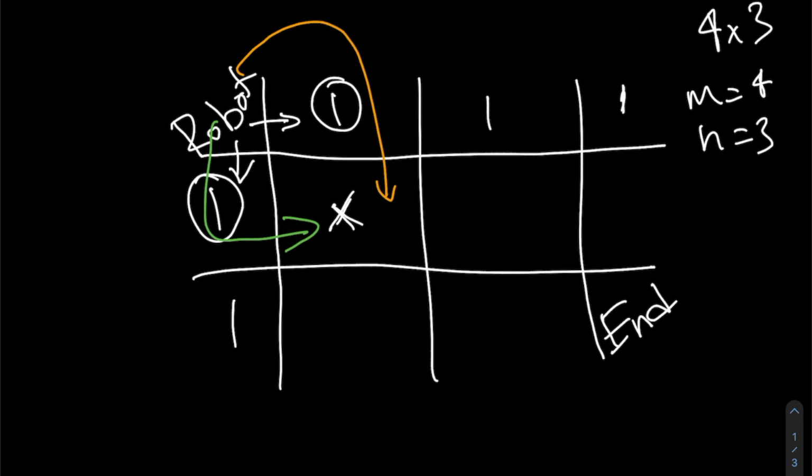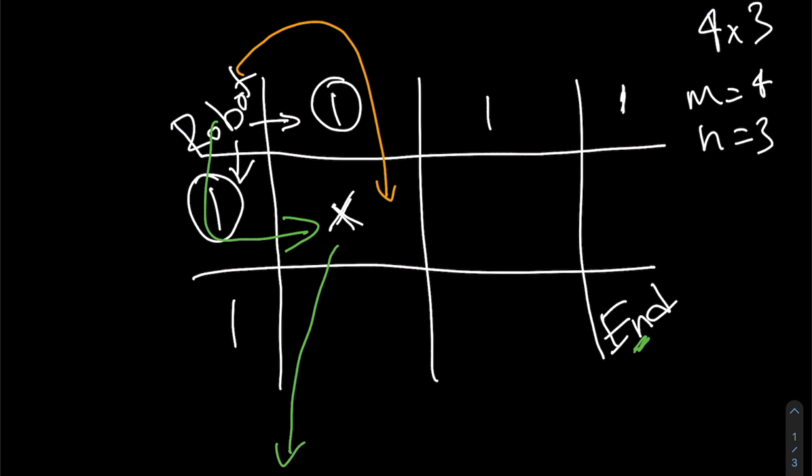Those are the two different paths you can take to end up here, because you always want to either move to the right or move down, since the end index is here.